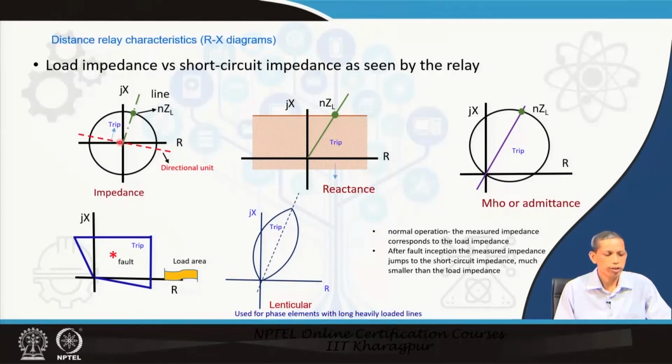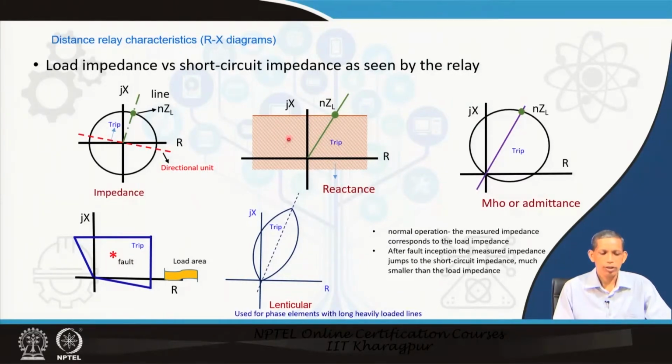If you are looking at the reverse direction, then you can see this direction also. So, this portion will be the trip region in the forward direction and beyond it is the block region. The relay takes a decision that if the apparent impedance calculated by the relay settles here, then it is inside the trip region.